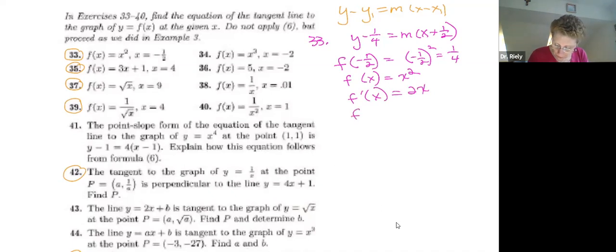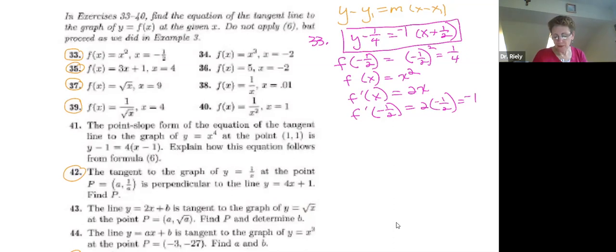And when I evaluate that at -1/2, what I'm getting is -1, correct? So now I'm going to erase that last little bit, and in its place, put -1. I'm going to box that answer because it's my final answer, and all my support work is below. So that takes care of 33.